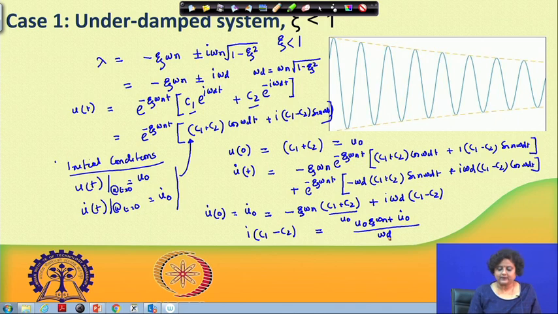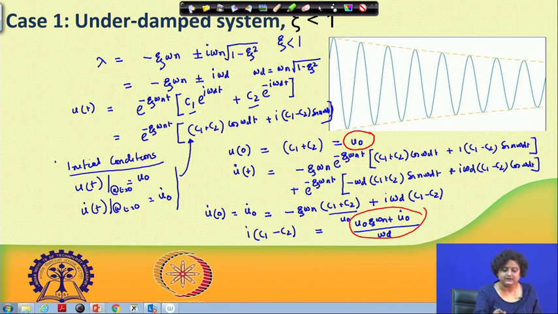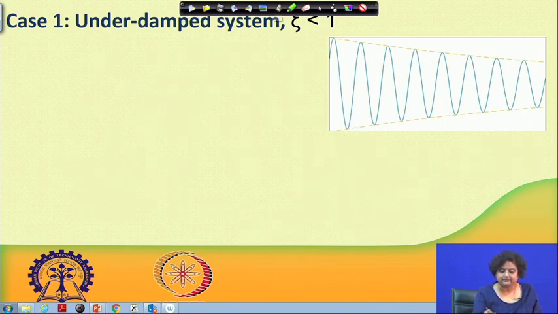So, if we plug this value and this value into this expression, we can get the expression for u(t) in terms of the initial condition. So, let me do that.